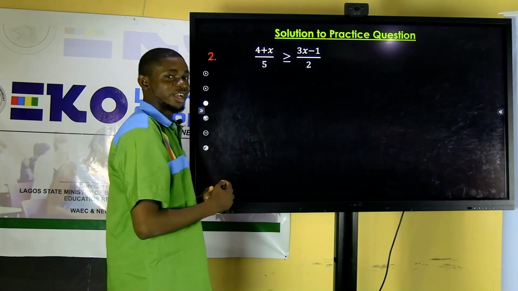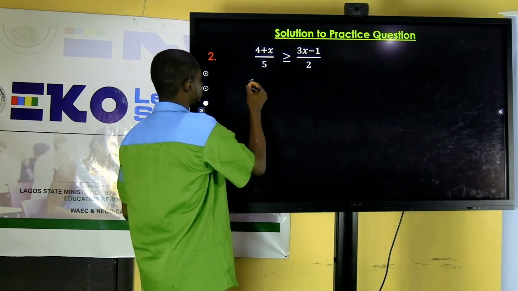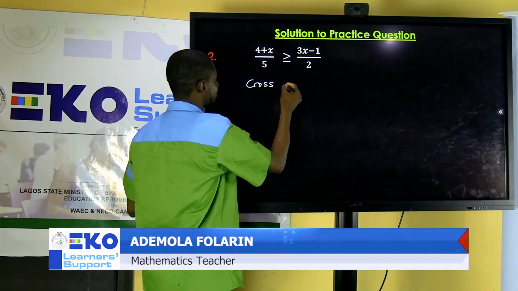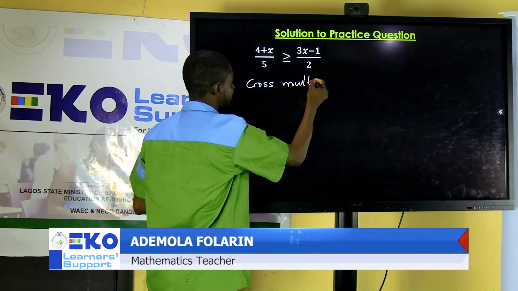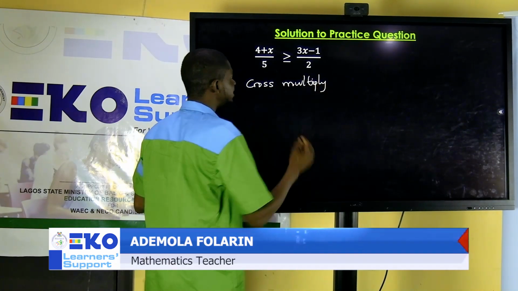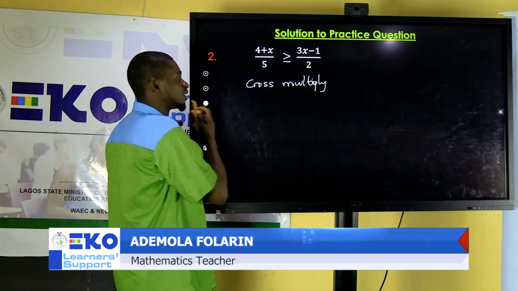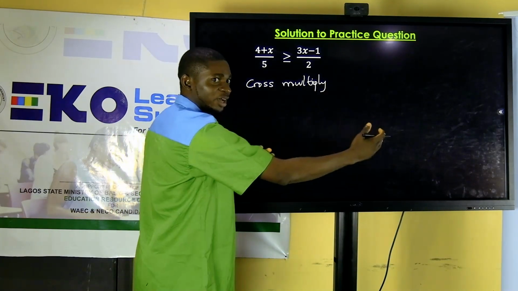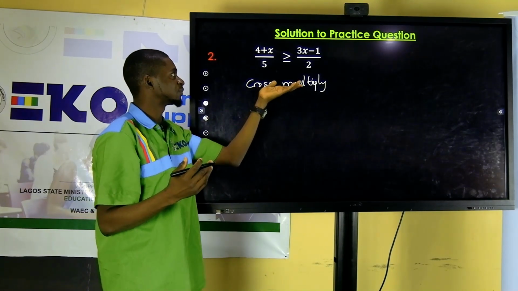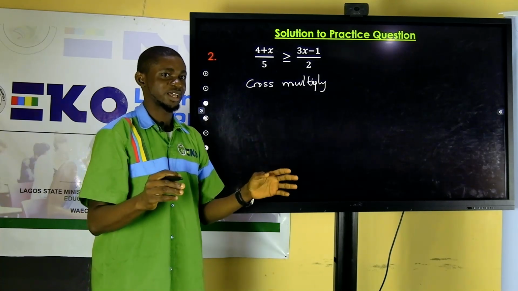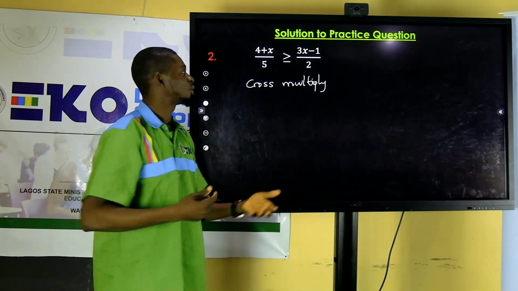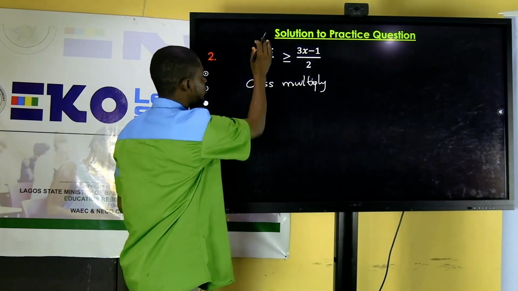However, I also want to borrow your own idea. We cross multiply, right? So cross multiply is easy for us because it's just one term at the left-hand side and one term at the right-hand side. If there are more than one term, please, we are not going to cross multiply. We'll find the LCM, then multiply through by the LCM. So here is just a term.